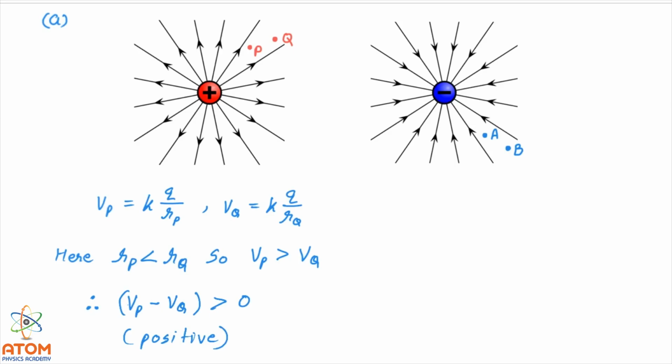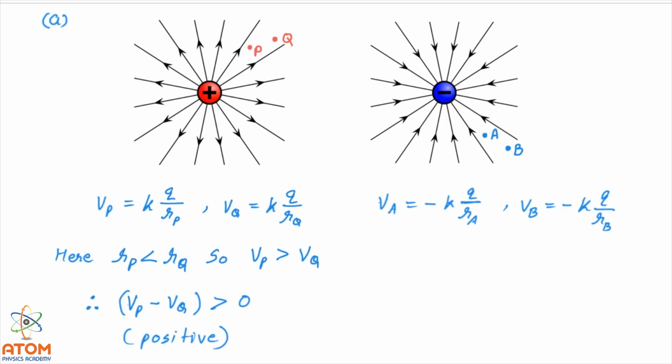At the same time, here Va will be equal to minus Kq upon Ra. See, this is a negative charge, so I am putting minus here, and the distance of A point is Ra and the distance of B point is Rb. So Vb will be equal to minus Kq upon Rb.